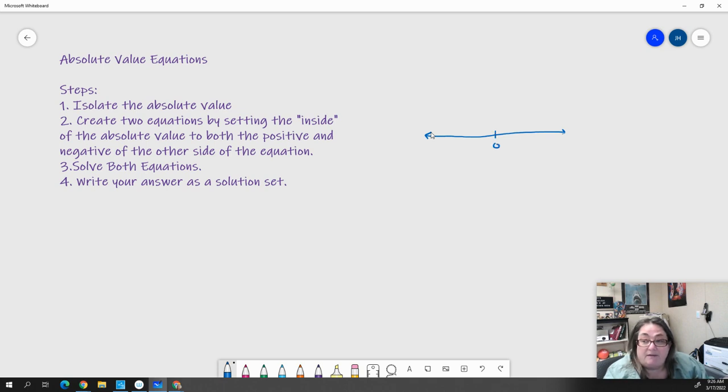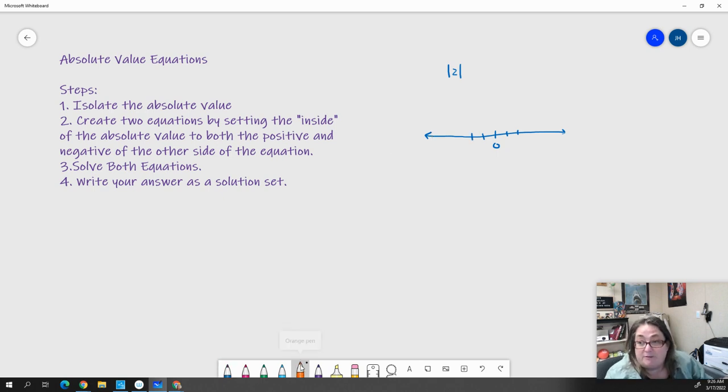So if I had, say, the absolute value of 2, that would mean that it is 2 units or 2 spaces away from 0 on a number line, which means that it could be 2 spaces in either direction.